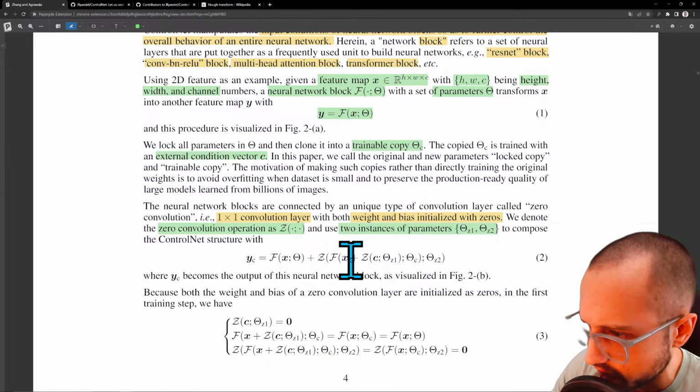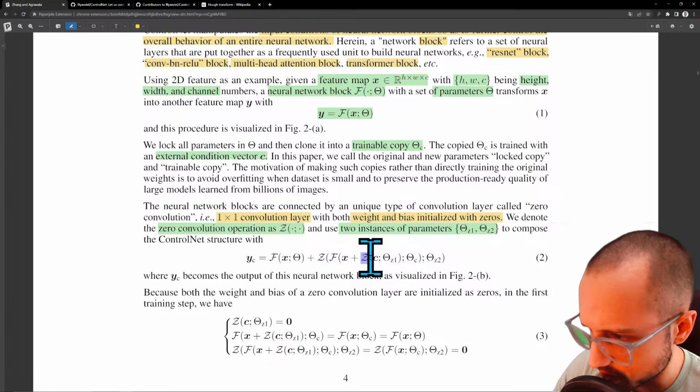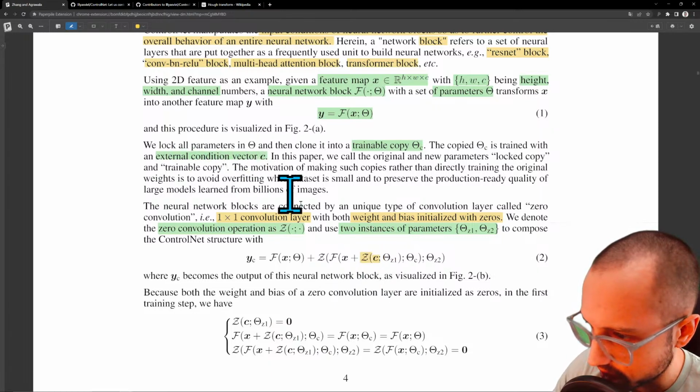Okay, so this zero convolution has some parameters theta as well, except here they're going to be calling it theta Z1 and theta Z2. So you can see here how the zero convolution Z takes as input c, the condition vector. So basically it seems like there's going to be two different versions of this zero convolution.